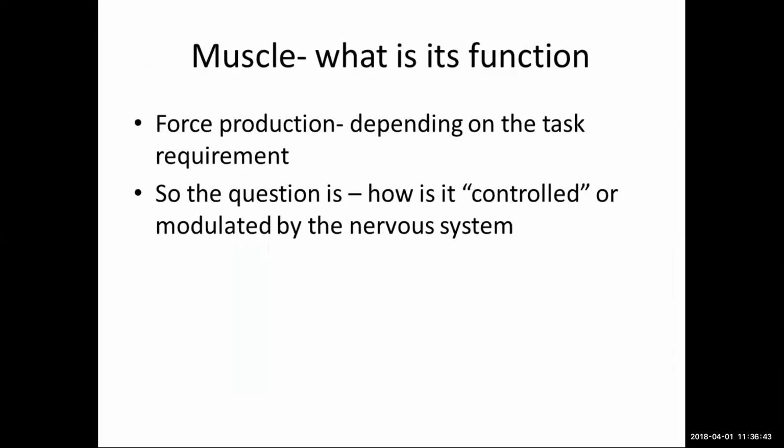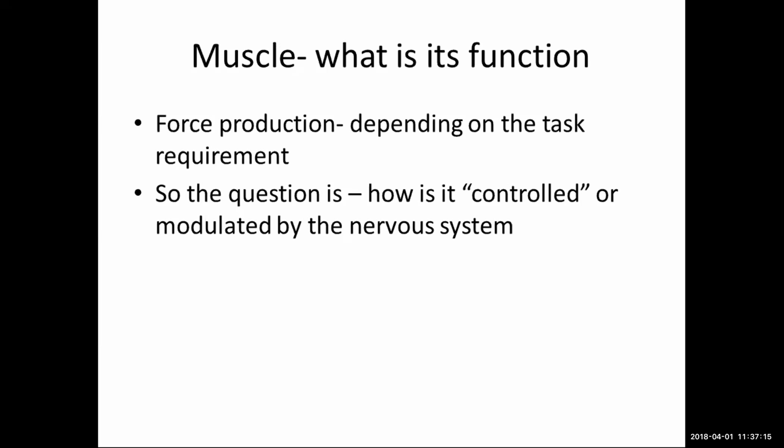So here we have given the muscle's biggest function is as force production. Remember, the muscle has to produce different levels of force depending upon what is required out of the system. Say, for example, if I am lifting my laptop, or my phone or my pen, or whatever different objects I'm trying to lift, I have to produce different types of force.